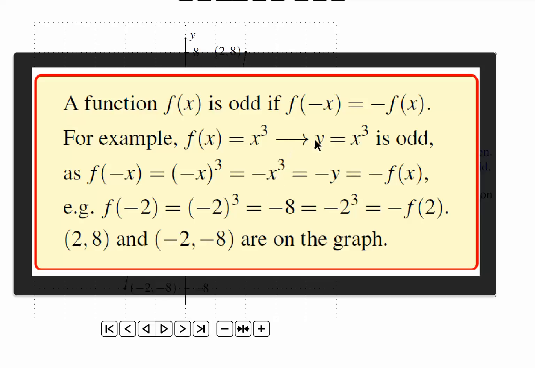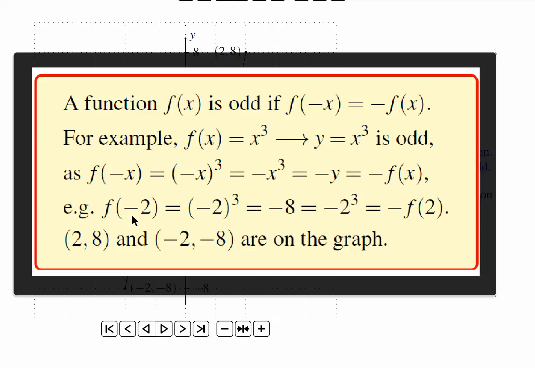We know that y equals x cubed previously. Then you know negative x cubed will be negative y, but we know y is x cubed. So then we know negative y is negative f of x.